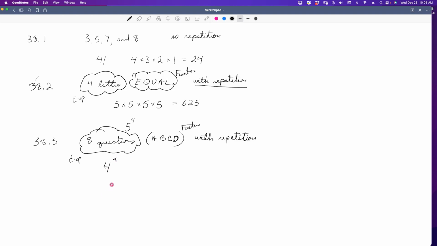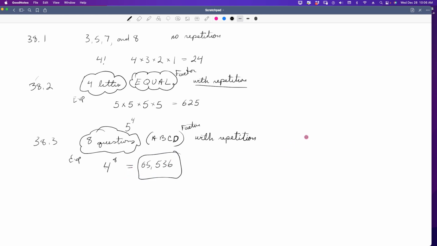When we do 4 times 4 times 4 times 4 times 4 times 4 times 4 times 4, that is going to equal 65,536. Or you just put it in your calculator with that little XY button, right? You put in 4, you hit the XY, and you put in 8, you hit equal. And that is going to give you your number. Or you can just say 4 times 4 times 4 and count 8 times. You'll still get this number.